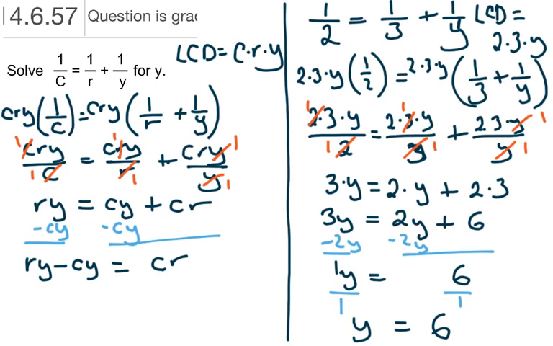So the technique that we want to use is one we've used plenty of times before, where we recognize that both of our terms have this y in it, which means that I can use my greatest common factoring technique to pull that y out from both those terms, and I'm left with r minus c.